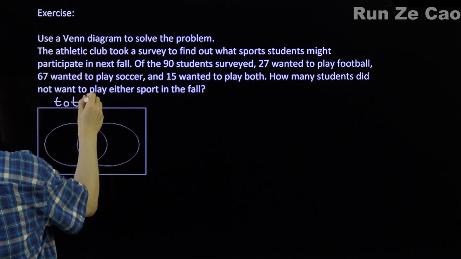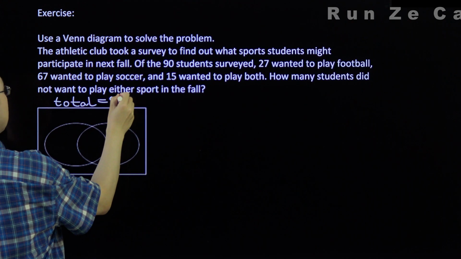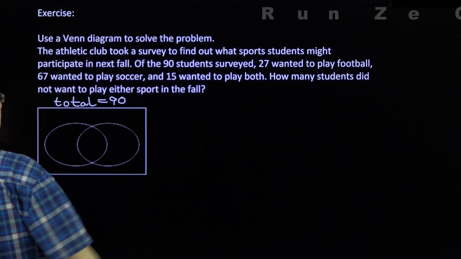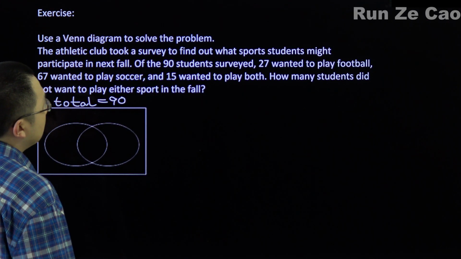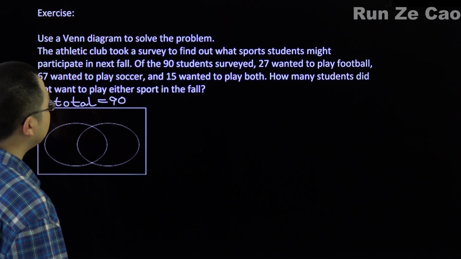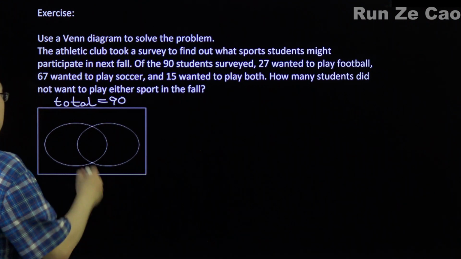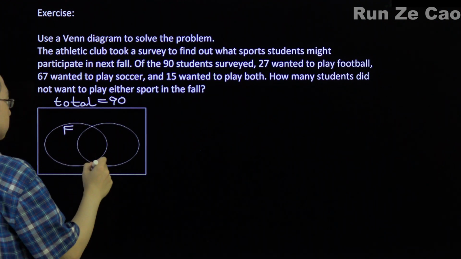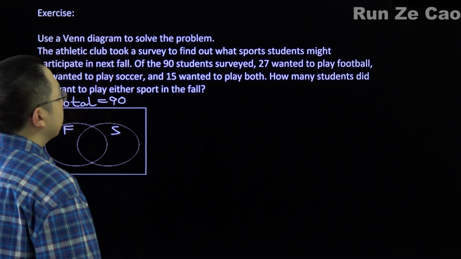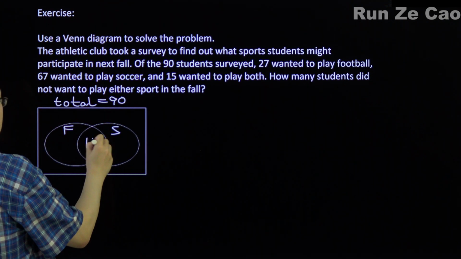total equals 90. For this whole sample space, the whole box, 27 wanted to play football, 67 wanted to play soccer, and 15 wanted to play both. Okay, so football, American football specifically, and soccer, 15 wanted to play both.